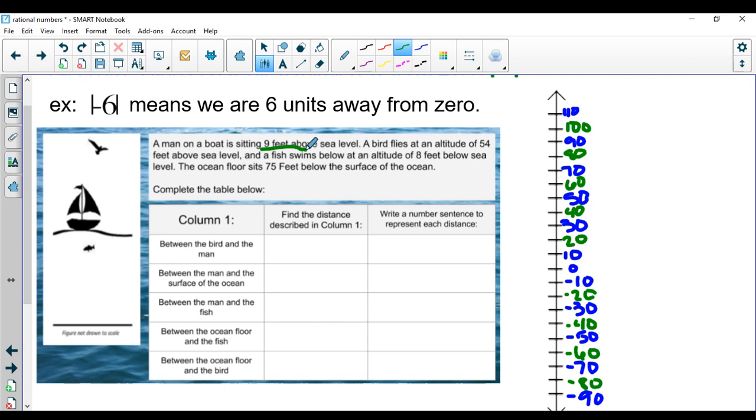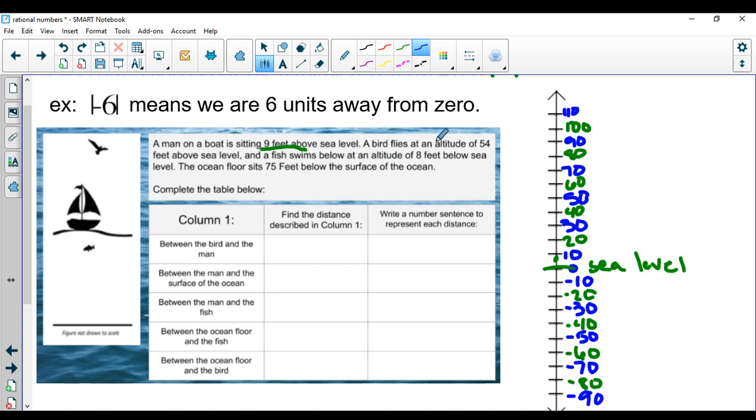Sea level is going to be my zero. So if we are 9 feet above sea level, I know I need to go up, and we're going to be almost to 10. So the green dot represents the man on the boat.